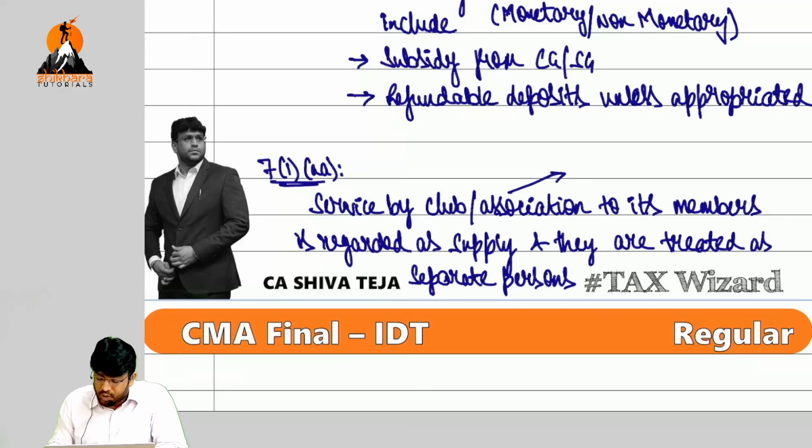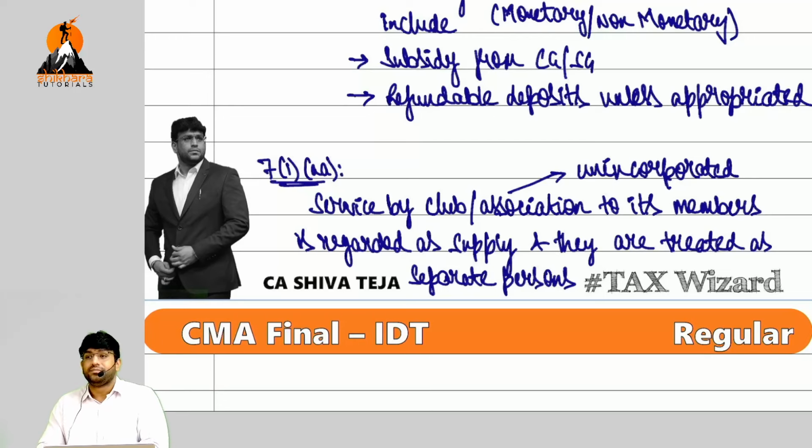And association also covers unincorporated association. A lot of times we find all these clubs: Lions Club, Rotary Club, this club, that club.